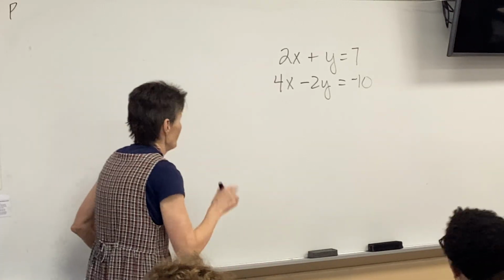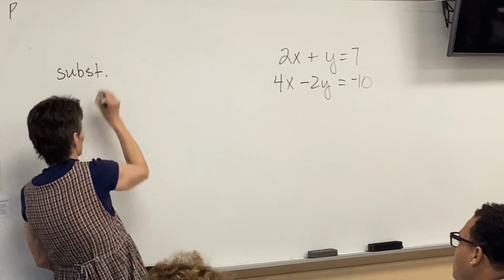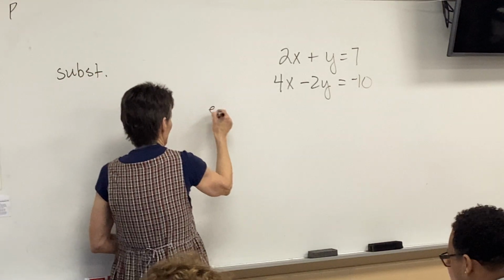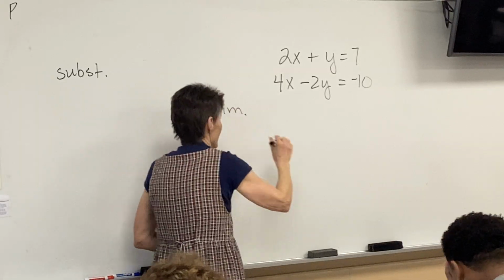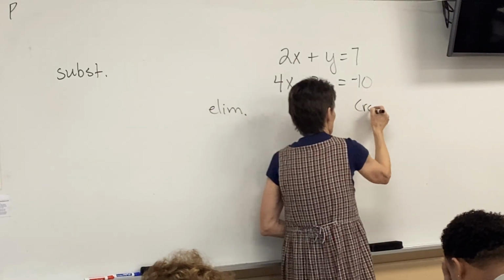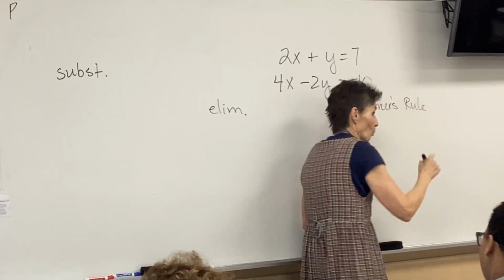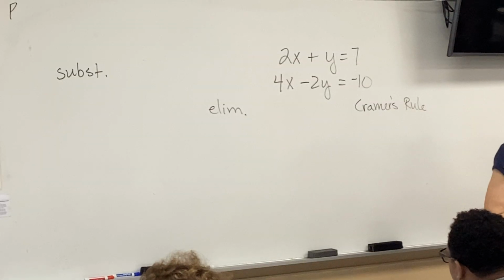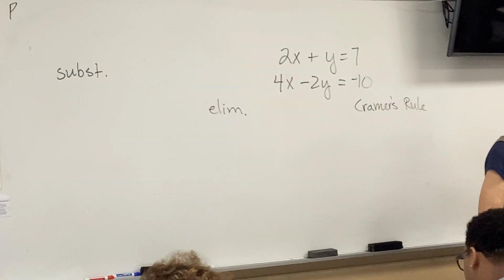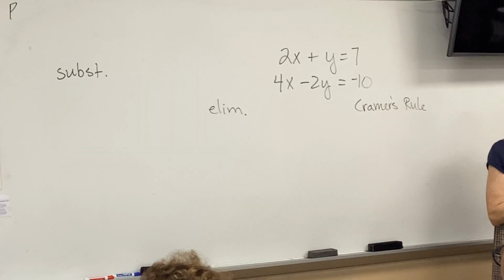We're gonna do this problem once with substitution, once with elimination, and once with Cramer's rule. Now, what should happen every time I do it? Same answer, because that won't change. The answer is the answer, but how you get it, okay? So we're gonna practice this.